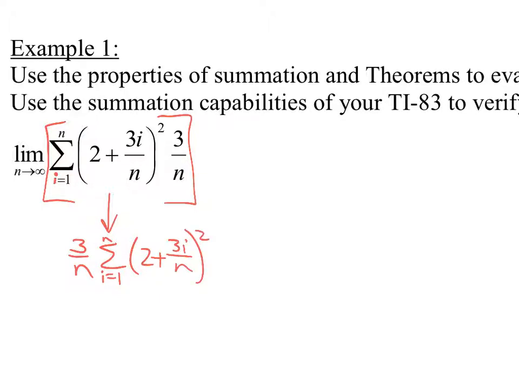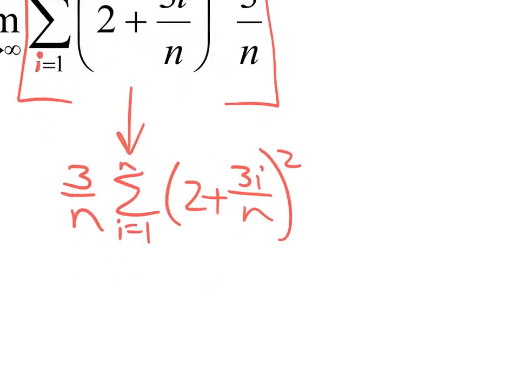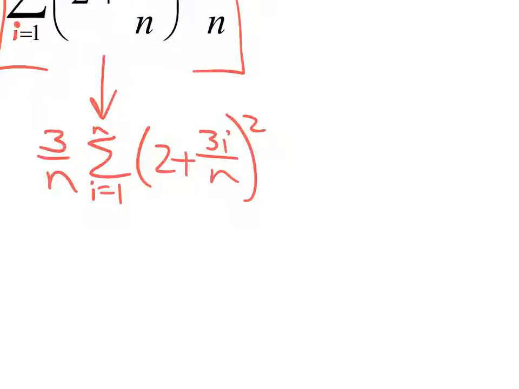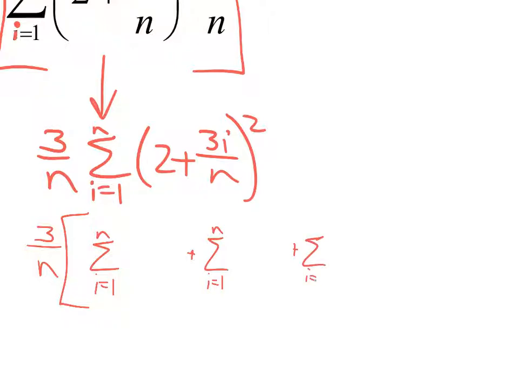Now, I still don't have anything I can really work with too well, so at this point I'm going to FOIL and separate this into three different sums. So the 3 over n is still hanging out here, but I'm going to have the sum from i equals 1 to n plus the sum from i equals 1 to n plus the sum from i equals 1 to n.